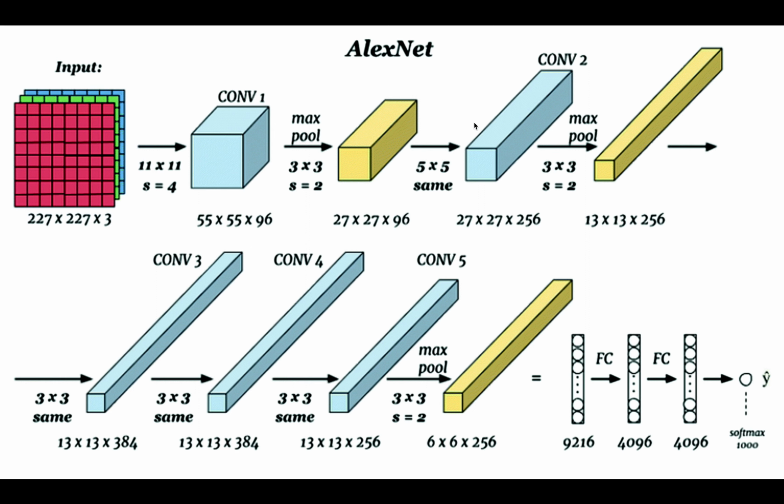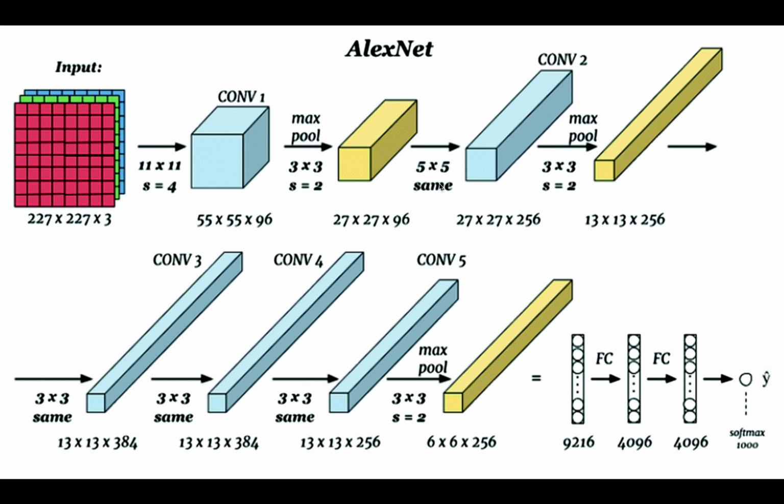Then they use a pooling layer, where the stride is 2, and the size of the network is reduced to 27 by 27 with the same depth. Then they use same padding, with a 5 by 5 kernel.